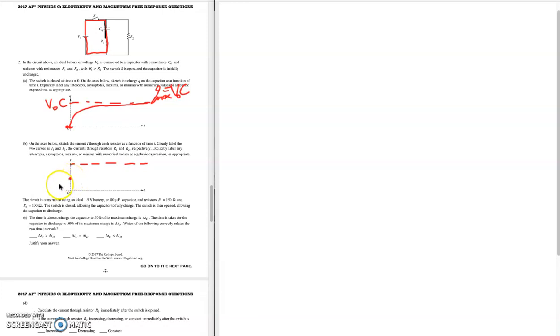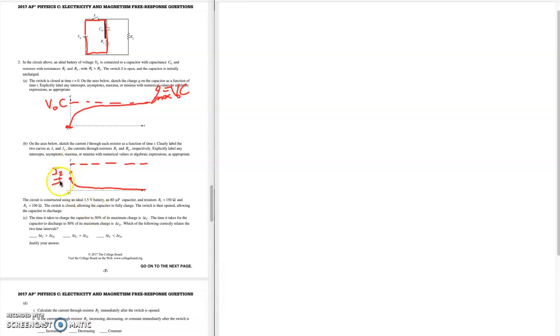So I1 is going to be lower, and I2 is going to be above it. And as we discussed up here, as the charge builds up on the capacitor, that means the current is going to be cut off from the resistor. So I1, which is in series with the capacitor, is going to have an exponential decay.